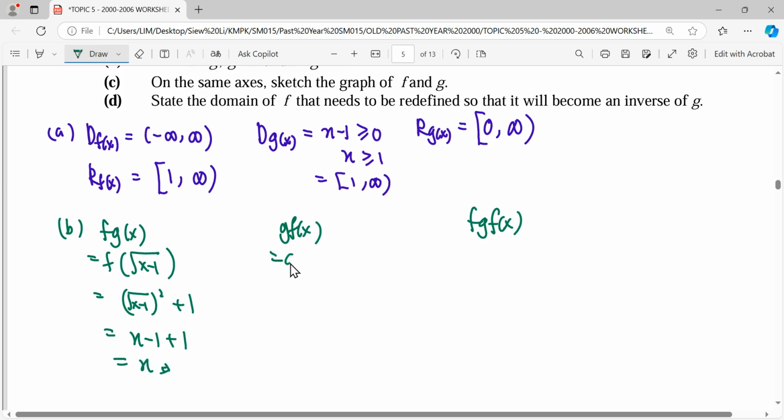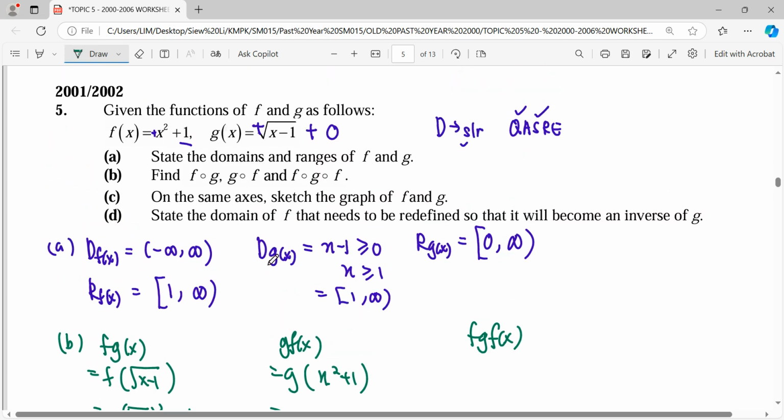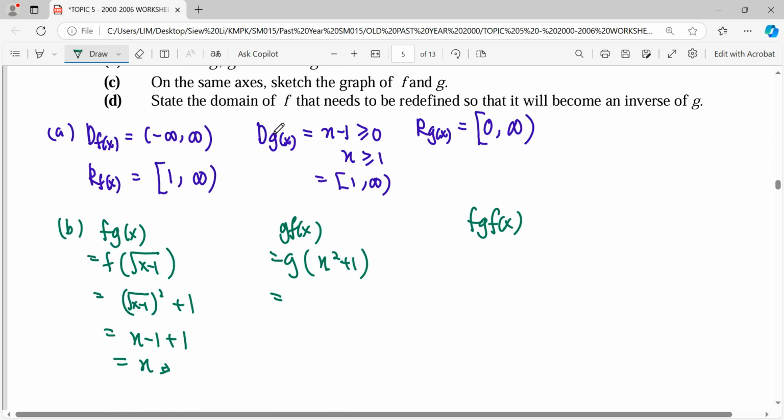Meanwhile, for gf(x), we substitute our f(x), which is x squared plus 1, into the surd. So the quadratic function in the bracket will be represented in the surd here: x squared plus 1 minus 1. So plus 1 minus 1 cancel off. Then square root and square, we get x.